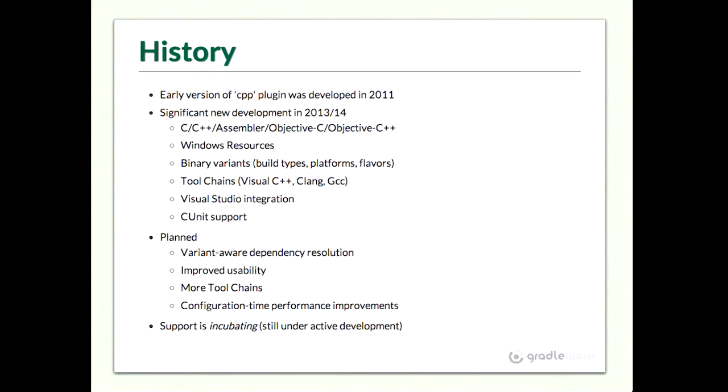I don't think a lot of people were using them. We didn't hear a lot of feedback, so it was just let's see how we can make this work. But in the last 12 months or so, since the beginning of last year, we've put a pretty big investment into making the native support world class.